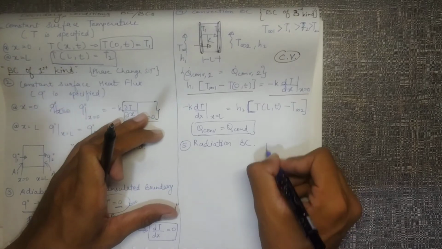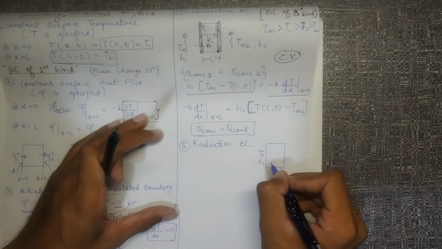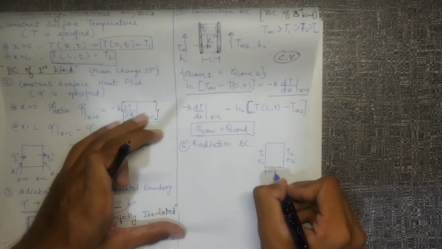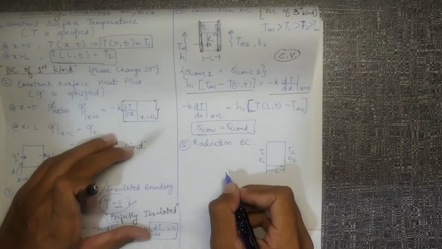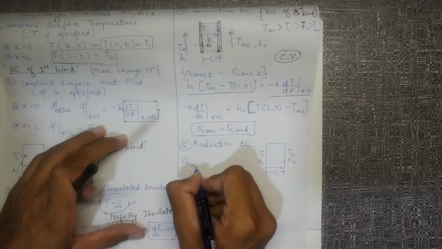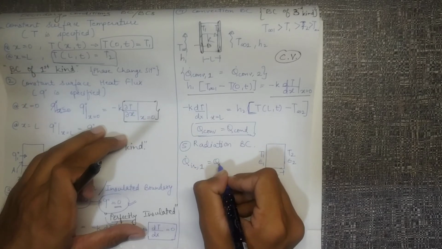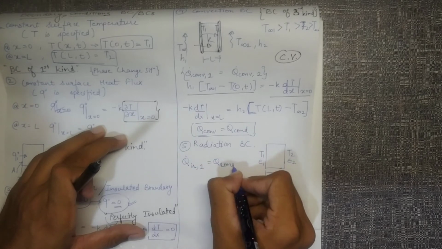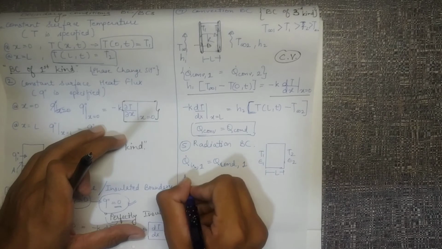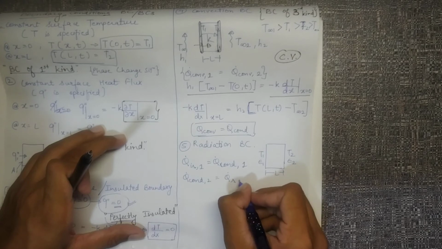In this case, if we have a wall which has temperature T1 and epsilon 1 as the emissivity, and this has temperature T2, epsilon 2 as the emissivity, and the thickness is L. That means whatever Q irradiation at 1 is equal to Q conduction at 1, and Q dot conduction at 2 is equal to Q dot radiation at 2.